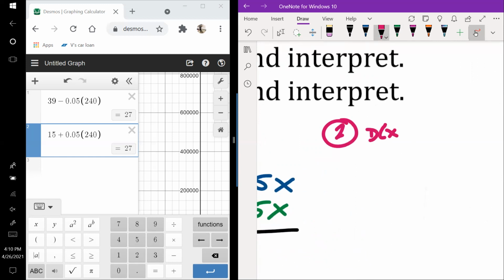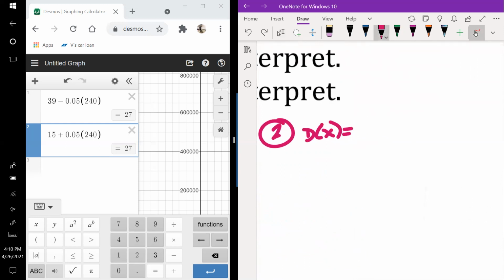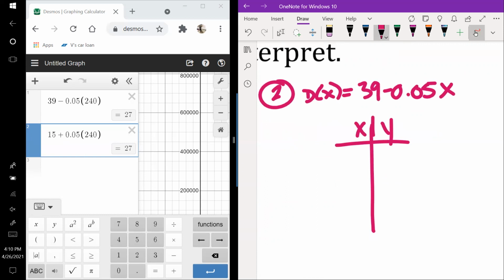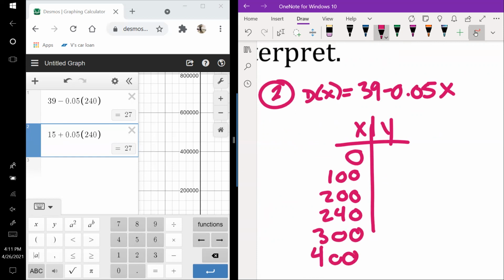So if d of x is 39 minus 0.05x, here's my XY chart. We're going to do the same as we've done for all of them. Since this is a business model, we're going to start at 0, no negative numbers. We'll go up 100, 200, our x bar value was 240, throw that in there, and then 300, 400. Shouldn't need more than that.